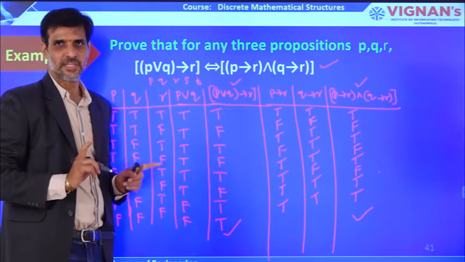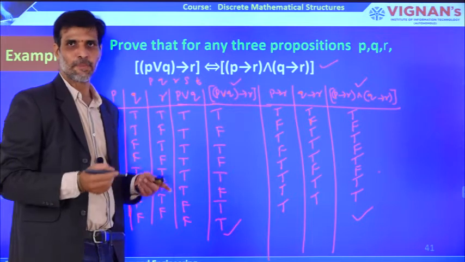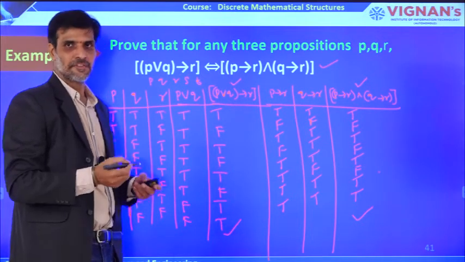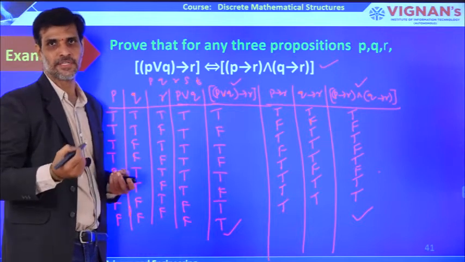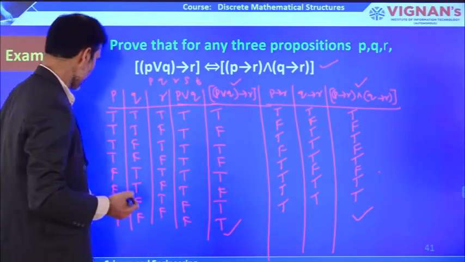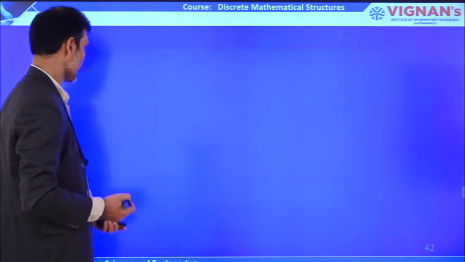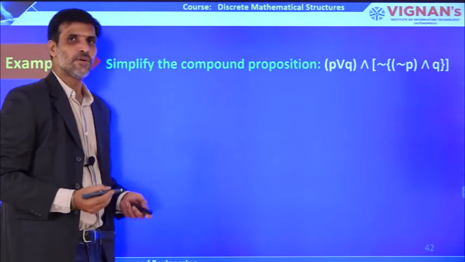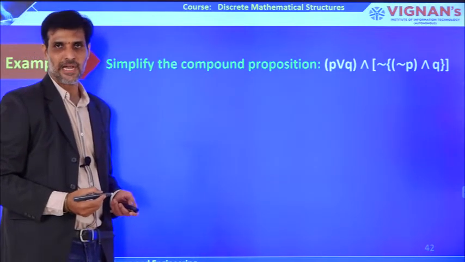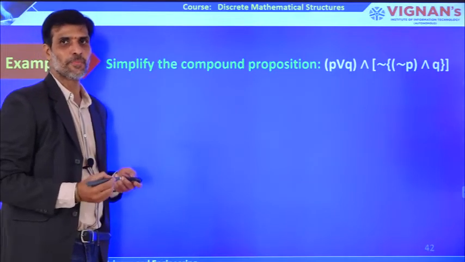So instead of constructing that entire truth table, it is better to apply laws which are equivalent to that compound statement and try to reduce and prove it. That is the better way. So how do we do that? First, by using the logical equivalence laws, we try to simplify the compound proposition.